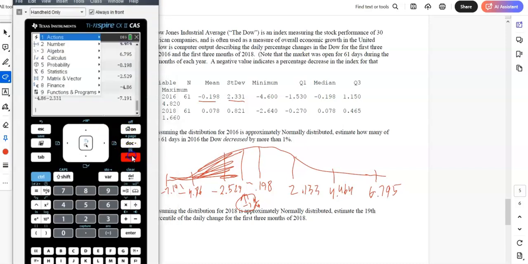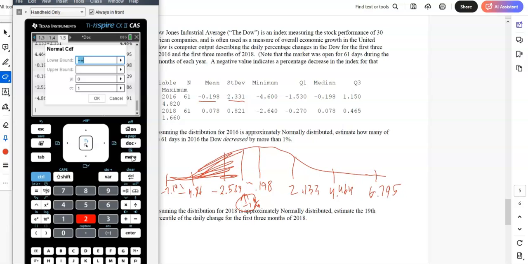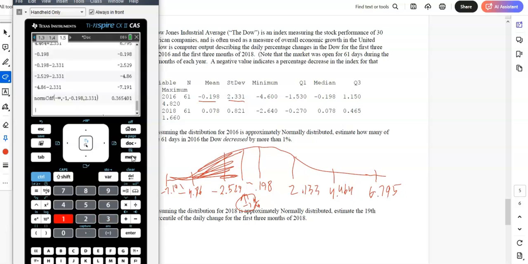So menu 652, negative infinity is default. That's fine. -1. Mean is -0.198, and standard deviation was 2.331. So we should get 0.365401.